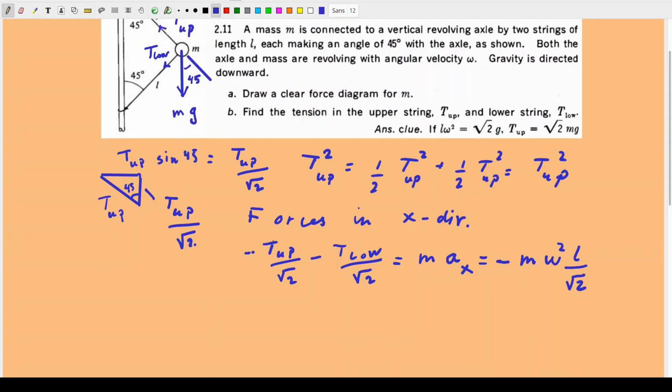Actually, we can now write T up plus T low equal m omega squared L. This we call equation 1.